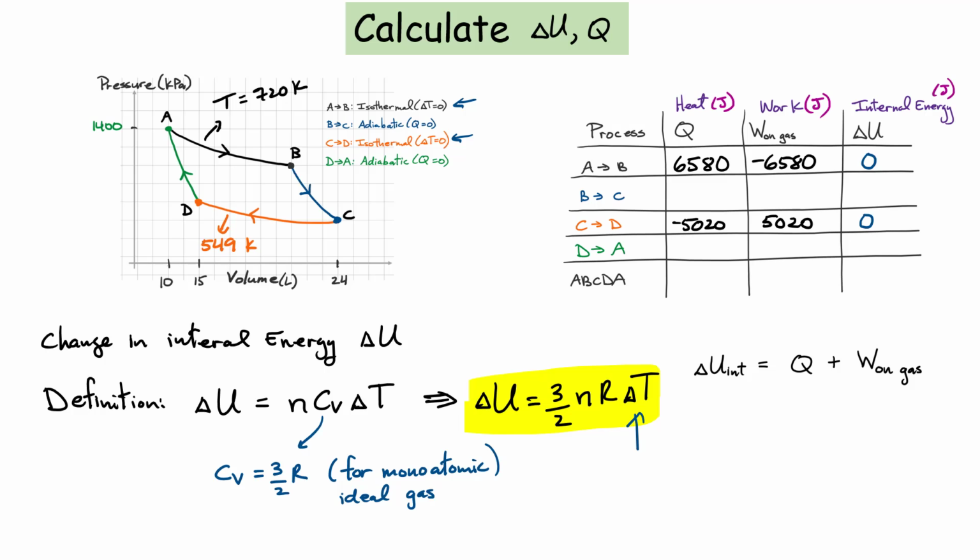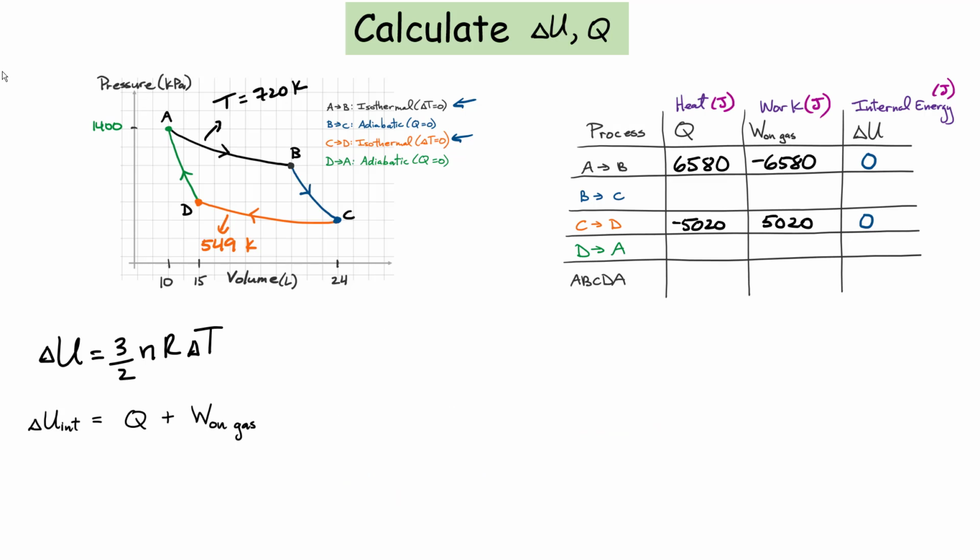Now let's go on the next page and consider what's going on here with the adiabatic processes, B to C and D to A. All right, process B to C. We want to calculate all our quantities. The first thing that we notice is it is an adiabatic process. The definition of adiabatic means that there is no heat exchanged going into the system or out of the system.